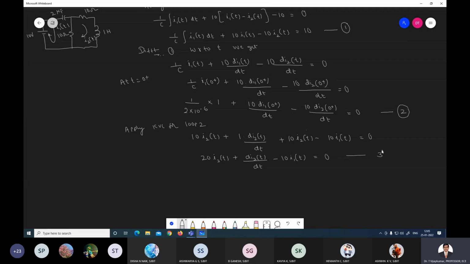So call this equation as 3. At t is equal to 0 plus, this becomes 20 into I2(0+) plus di2(0+)/dt minus 10 I1(0+) is equal to 0. So this is 20 into I2(0+), which is 0 amps, plus di2(0+)/dt minus 10 into I1(0+), which is 1 amp, equal to 0.